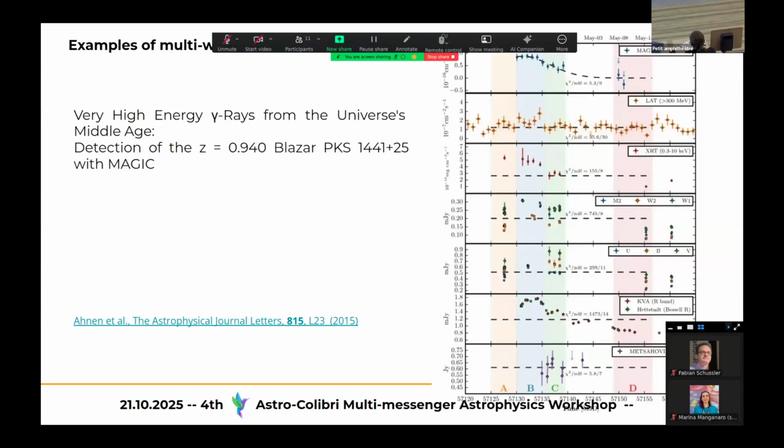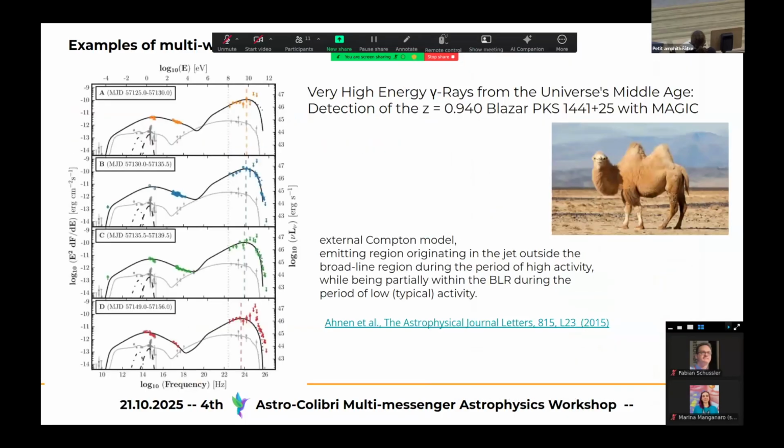Another example, same thing, a beautiful source, a fantastic flare in several wavelengths, some more holes in the light curve. Even here we did our best. We have the camel. You see now the camel, the high energy bump is going up.